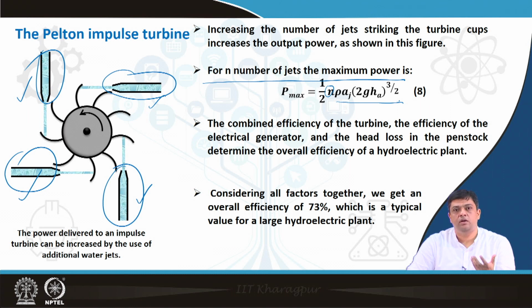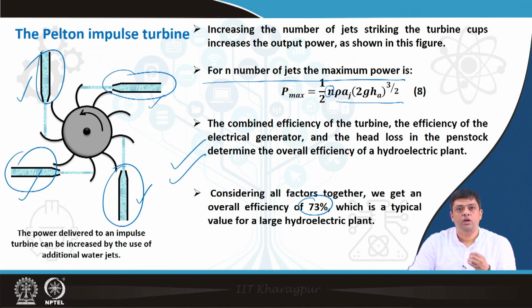penstock determines the overall efficiency of this hydroelectric plant, and this concept has been discussed earlier. And although when we were talking about the efficiencies, you said that you can actually work at 100% efficiency, but then there are various losses as we have indicated here, and generally the value which you get is around 73% efficient system.